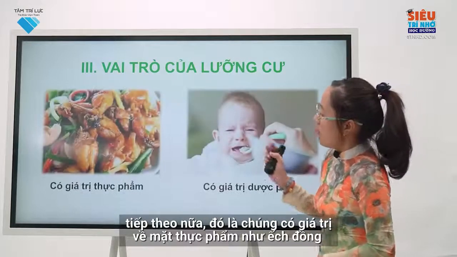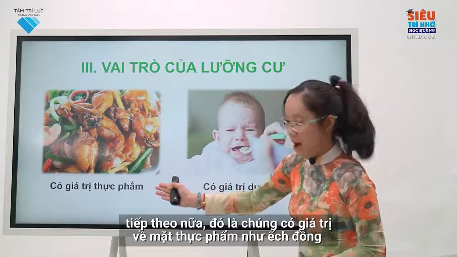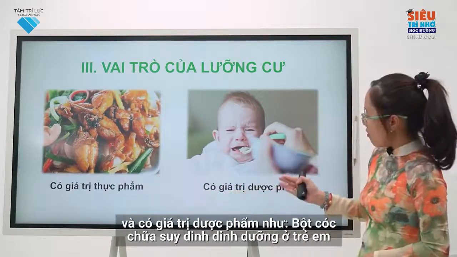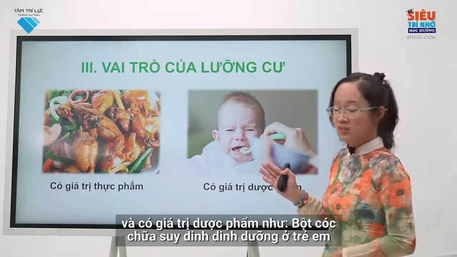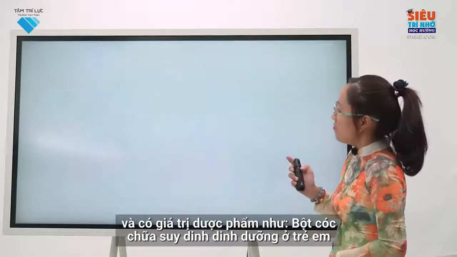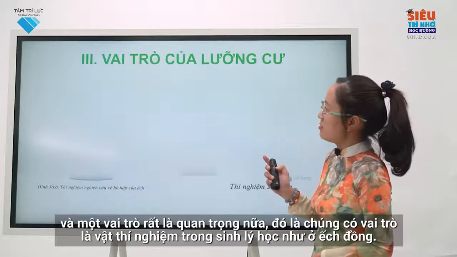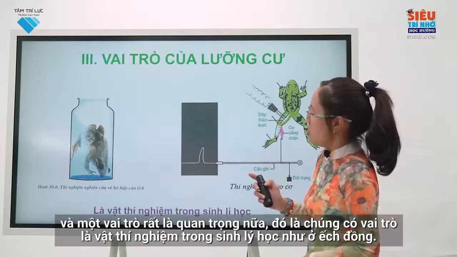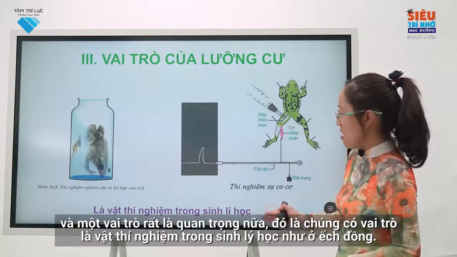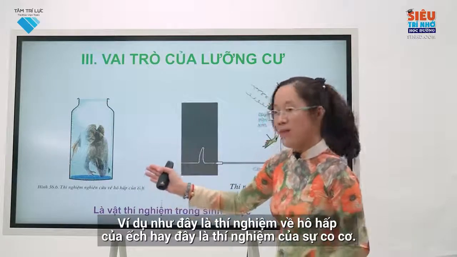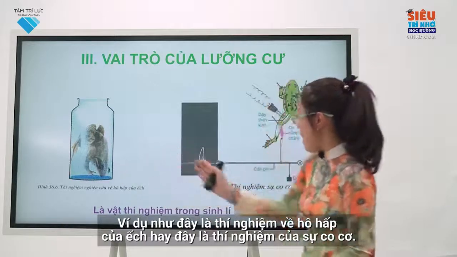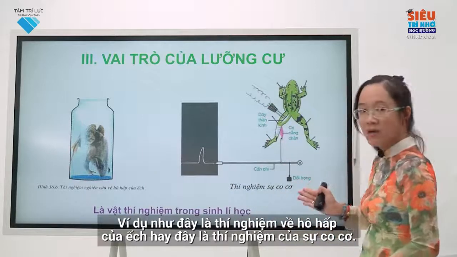Followed by that, they have food value, such as East Asian bullfrogs, and medicinal value, such as toad powder to treat malnutrition in children. And another very important role is that they act as experimental subjects in physiology, like the field frog. For example, is this a frog breathing experiment or a muscle contraction experiment?